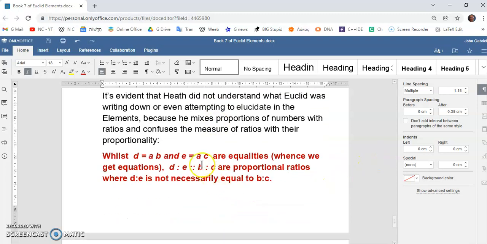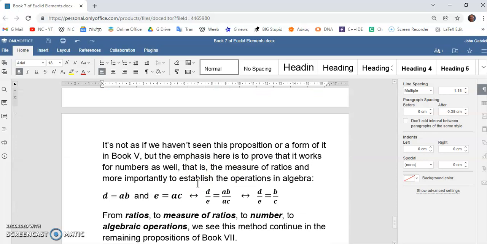Whilst D is equal to AB and E is equal to AC are equalities, whence we get equations, D to E in proportion to B to C are proportional ratios, where D to E is not necessarily equal to B to C. And why is that so? We'll see in a moment.